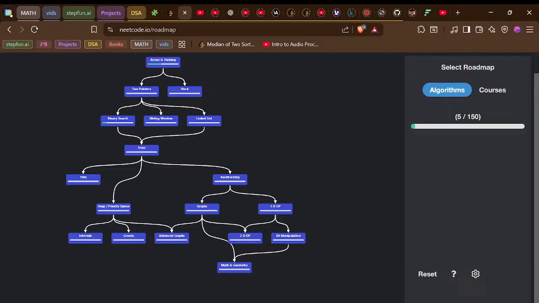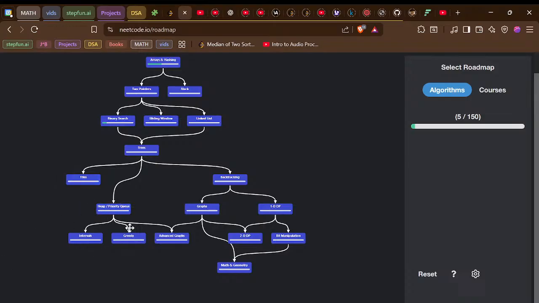So trees and tries are pretty useful. So I'm gonna learn trees and tries, and heaps are pretty important too.